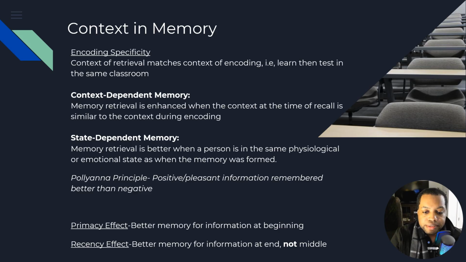So the primacy effect is that we remember things better that are shown to us at the beginning of a lecture, of a film, of a movie. It's just lots of different contexts. And we also remember things better towards the end, the end of a lecture, a footnote, whatever it happens to be.